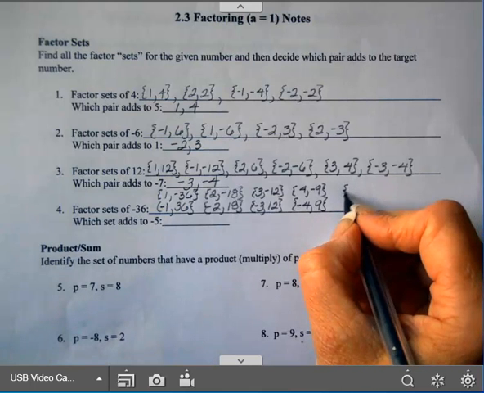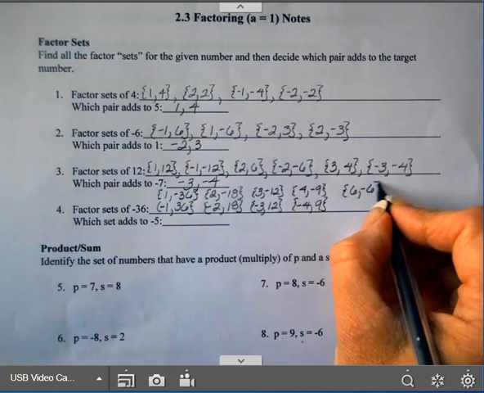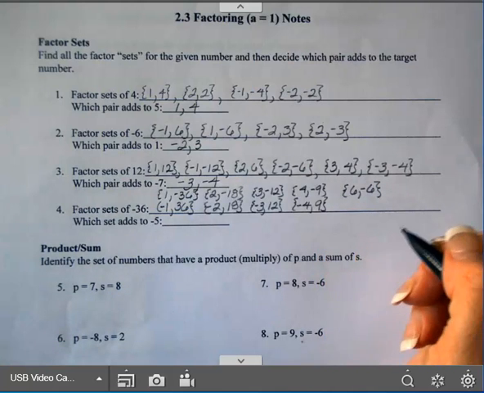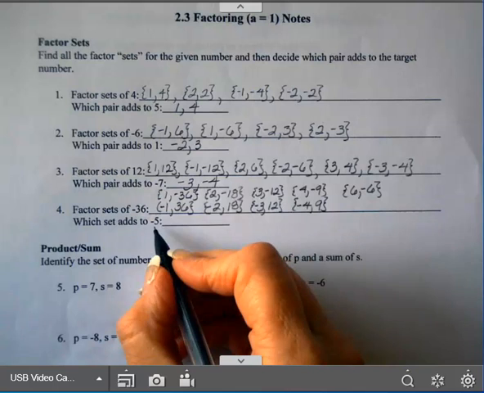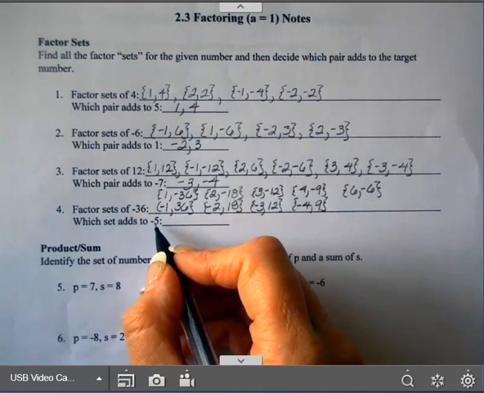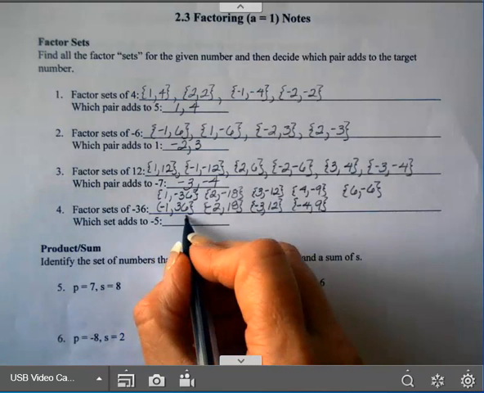And then the last one I have is 6 and -6. Notice -6 and +6, that's the same pair because we're not worried about the order. This is just a set. So I've used set notation for all of this. And which set adds to -5 would be the 4 and the -9.